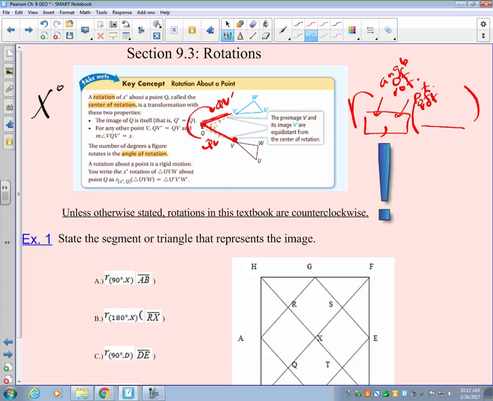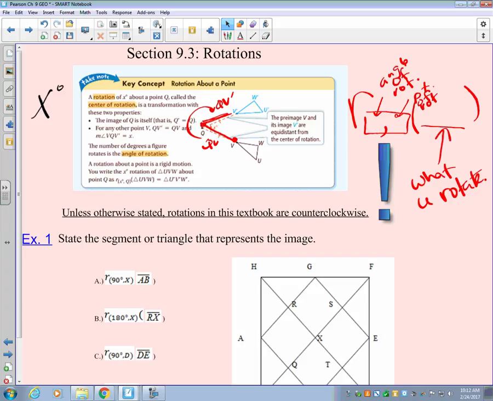Sometimes it'll be a line, sometimes a point, sometimes a whole triangle or a whole quadrilateral. But in the parentheses is what you're rotating. And that's going to be equal to your image, so the primes on your pre-image.